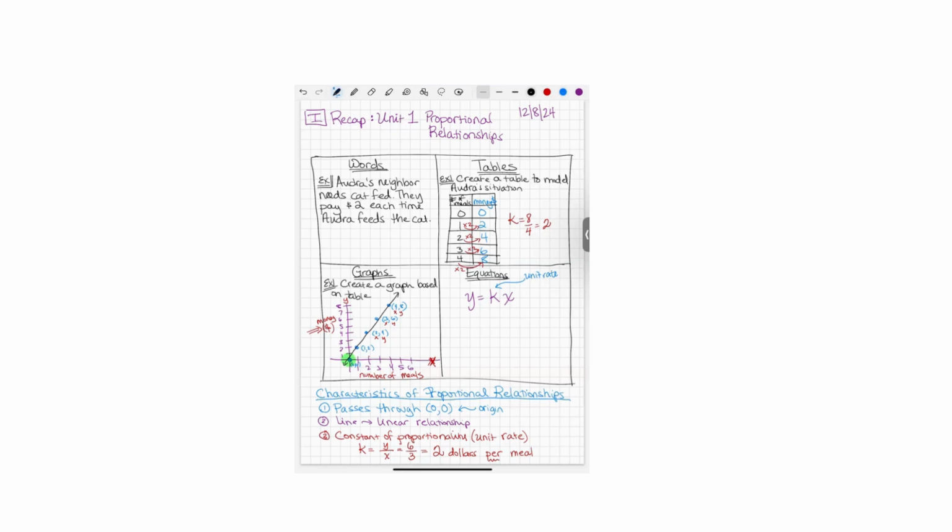And you may have predicted, I'd like for you to take a second and write an equation to model Audra's cat job. So take a second, write an equation to model it. I'm going to write mine, you write yours and check it.